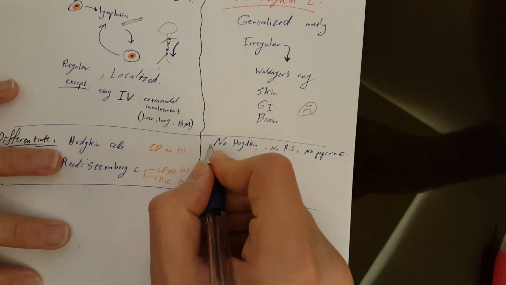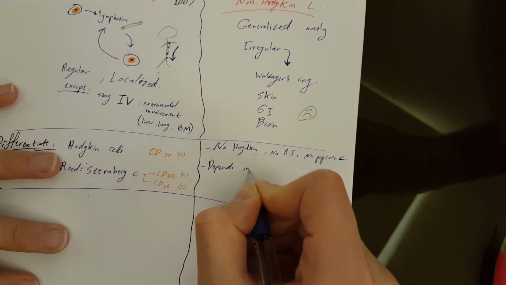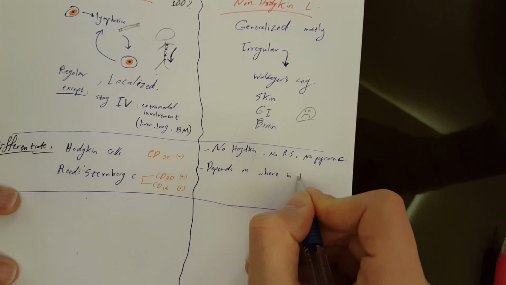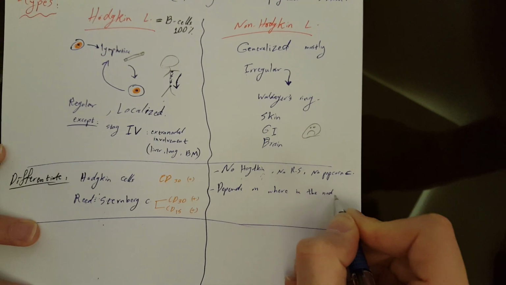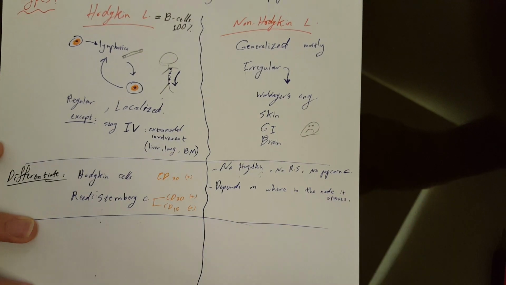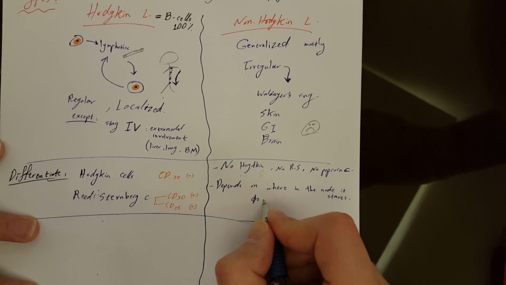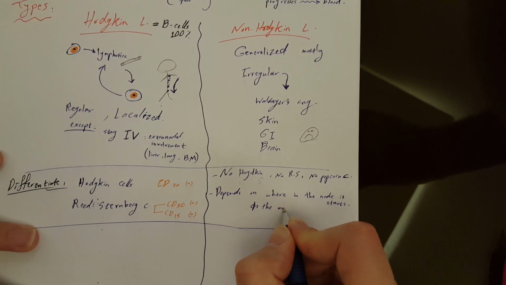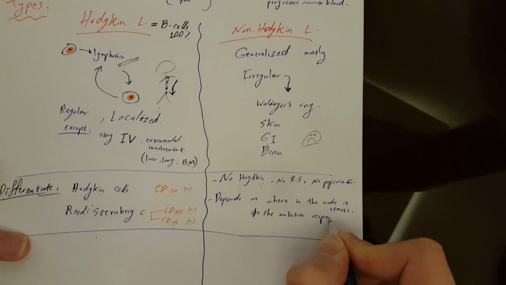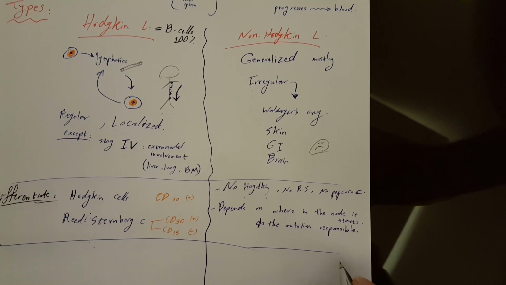The types of cells found depend on where in the node it starts. And sometimes they can classify it according to the mutation responsible for it.